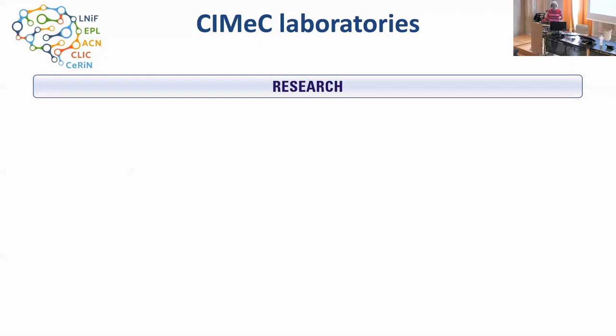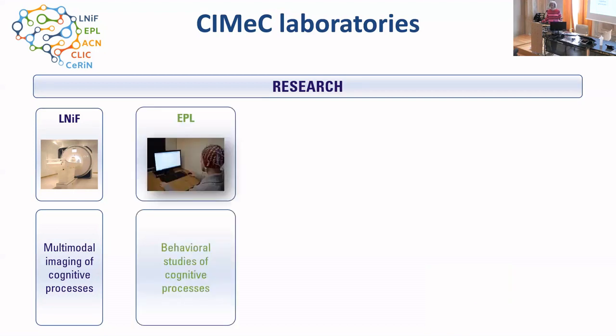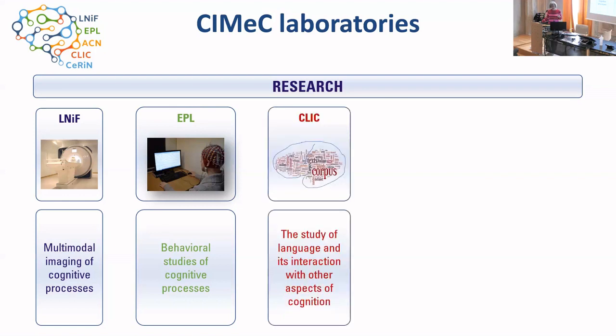So just again, in terms of topics, multimodal imaging of cognitive processes with the MRI and the neuroimaging lab. The behavioral aspects of cognitive processes are the focus for the IPL. For the Click, the focus is the study of language and the interaction with the other cognitive functions.